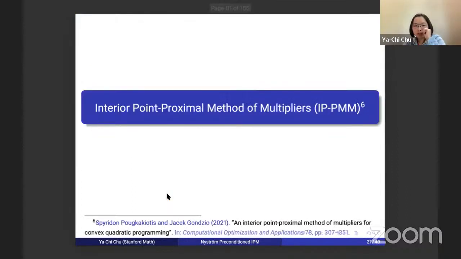So let's briefly talk about the IPPMM method. Most of the things here should not be too different from the plain IPM method, and I just want to make sure we are on the same page.